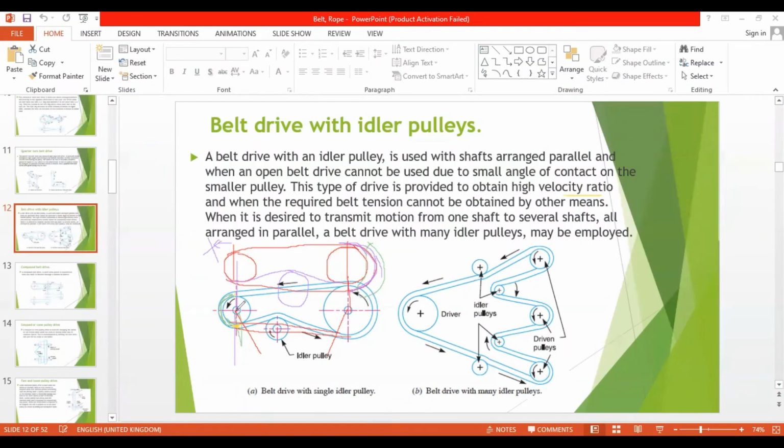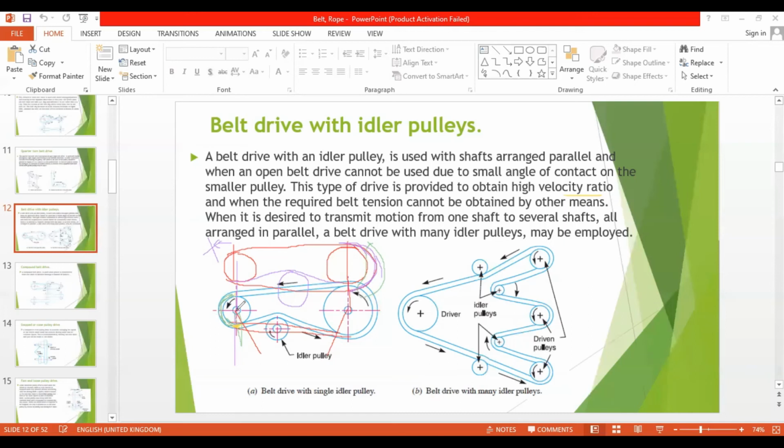There are two reasons specifically why we go for idlers. One is to improve the angle of contact if the two shafts are near each other, if the distance between the shafts is less. The second reason is to increase the velocity ratio by increasing the tension, and transmit the power from driver to driven efficiently.